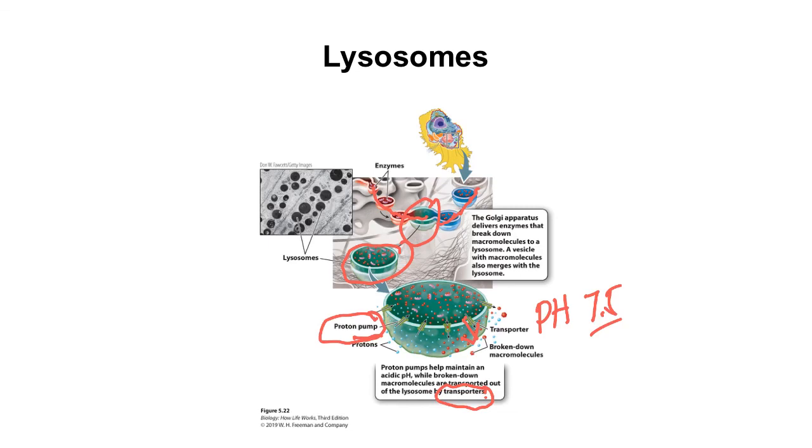So it is important for the lysosome to maintain its acidic pH only inside it, and not to allow these protons to leak out. So this is the function of the lysosome.